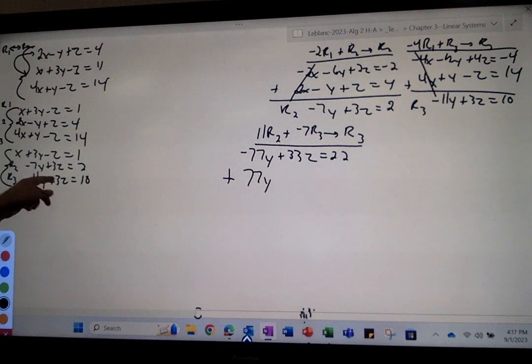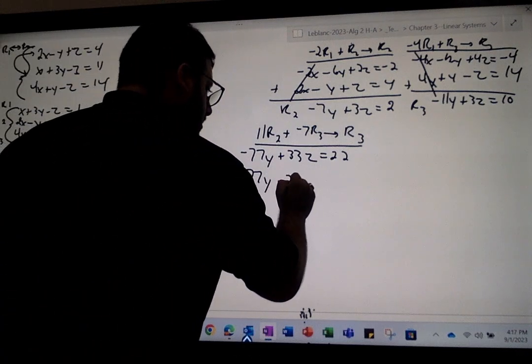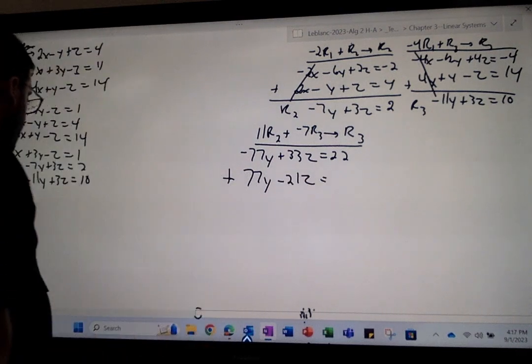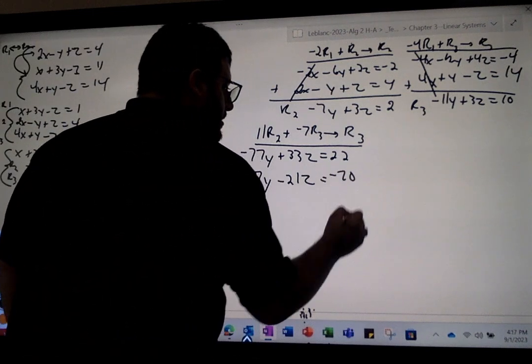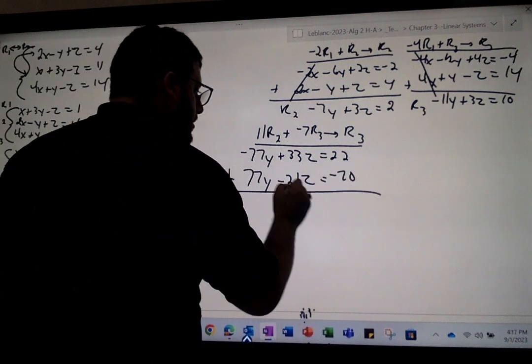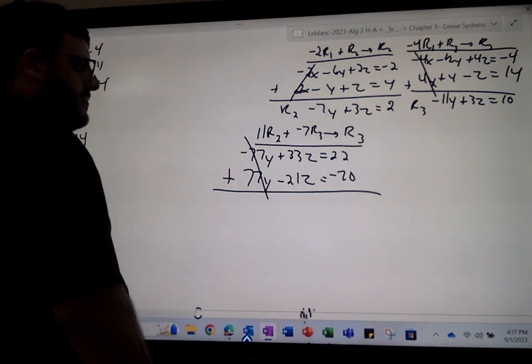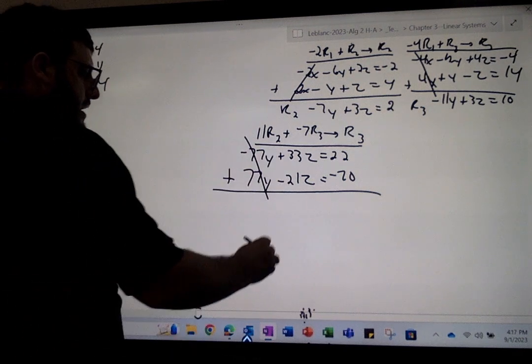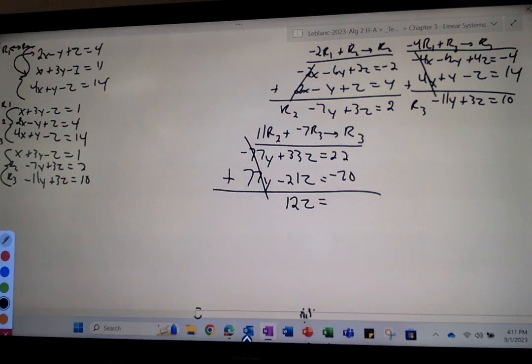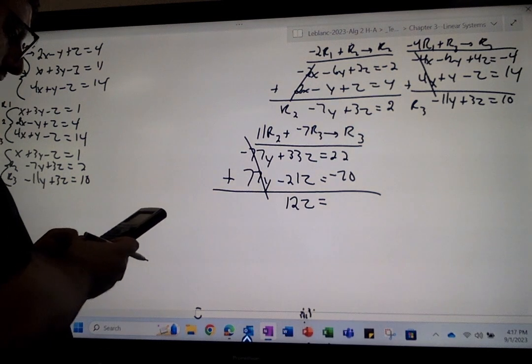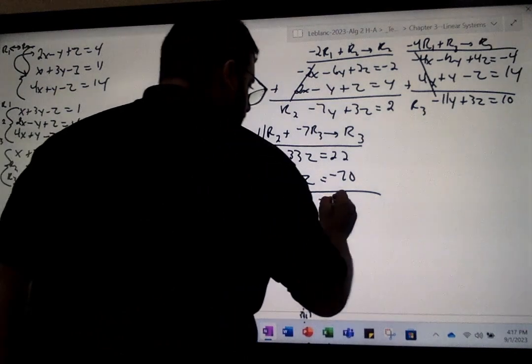So 3 times negative 7 is minus 21. And then 10 times negative 7 is negative 70. The y's will cancel. 33 minus 21 is 12. And I need to calculate 22 minus 70. Got my calculator right here. 22 minus 70, negative 48.